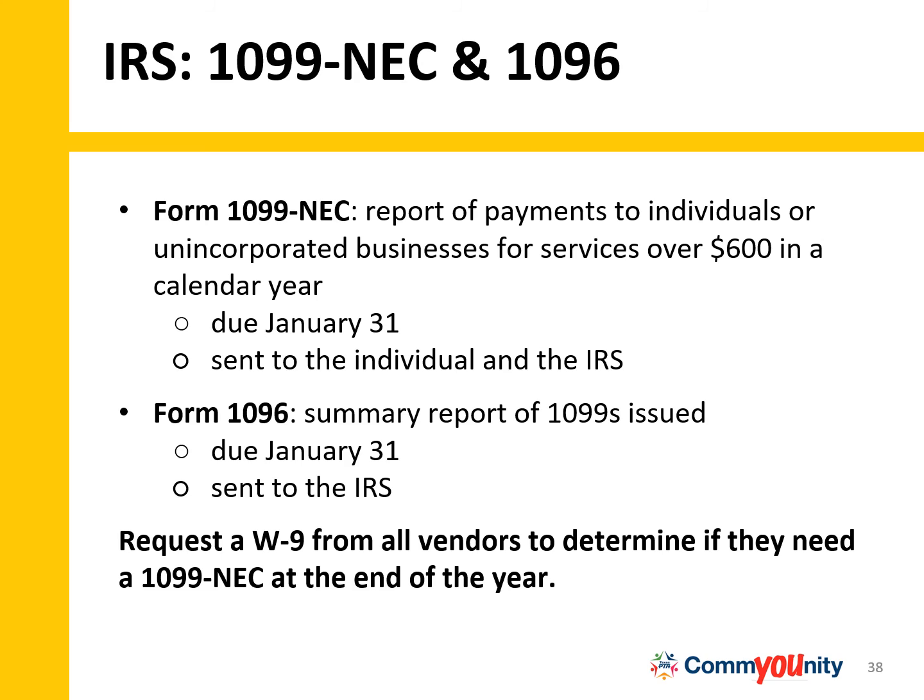The best way to determine whether a PTA needs to send a person or vendor a 1099 NEC for services is to have all individuals who provide services complete a W-9. The W-9 provides the PTA with the type of business the individual operates, as well as their tax ID number. If the vendor selects that they are an individual, sole proprietor, or partnership, they should be sent a 1099 NEC if they were paid over $600 during a calendar year.